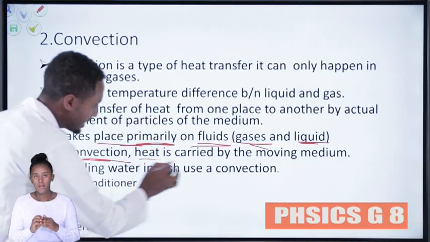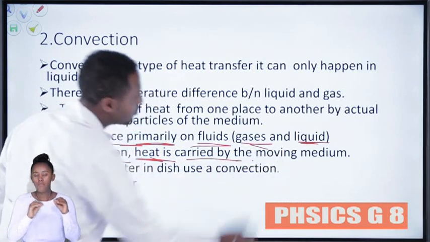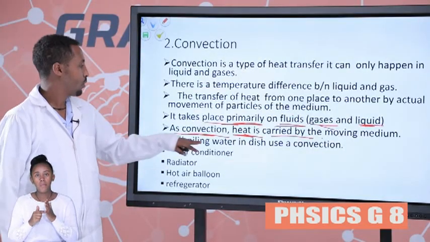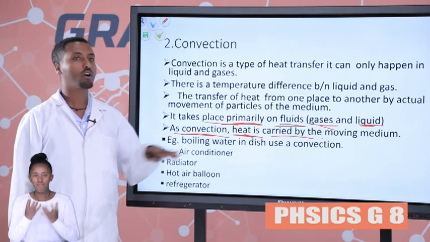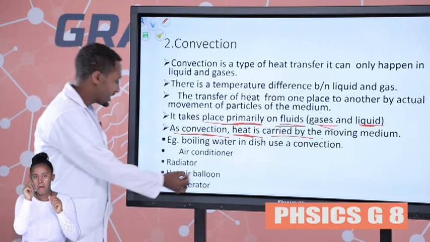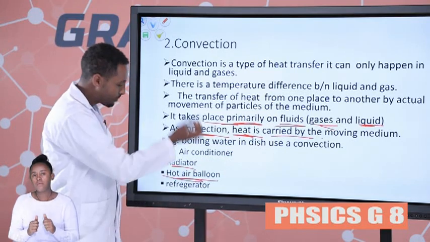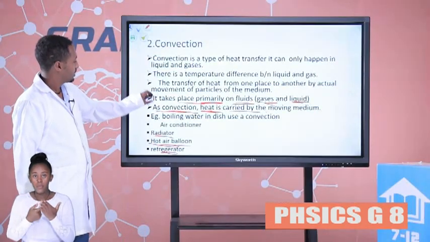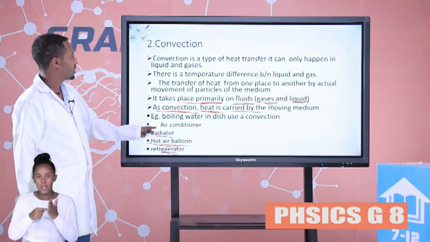Examples: boiling water in a dish uses convection. The others are air conditioner, radiator, hot air balloon, refrigerator. These are all examples of convection.